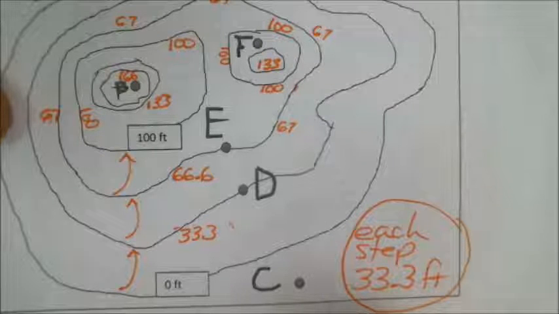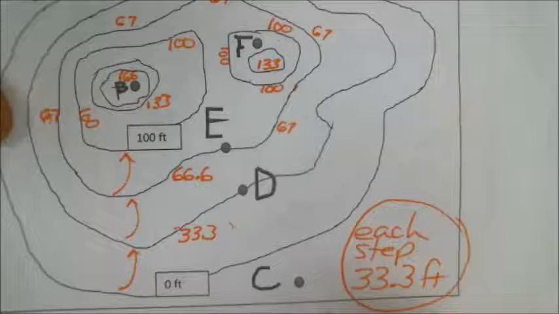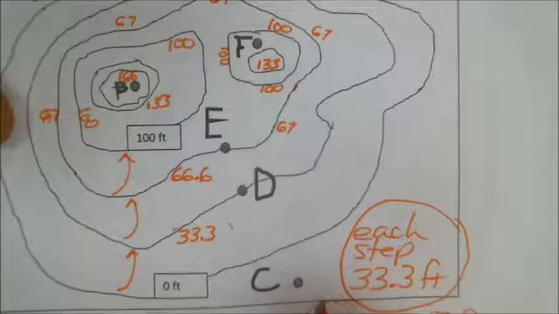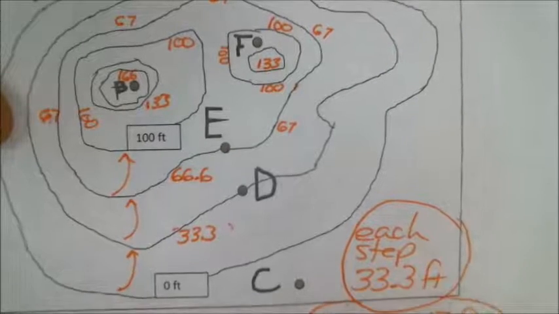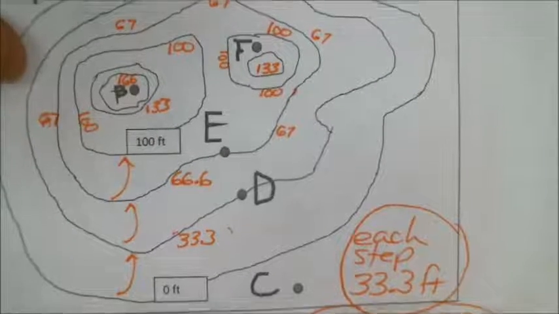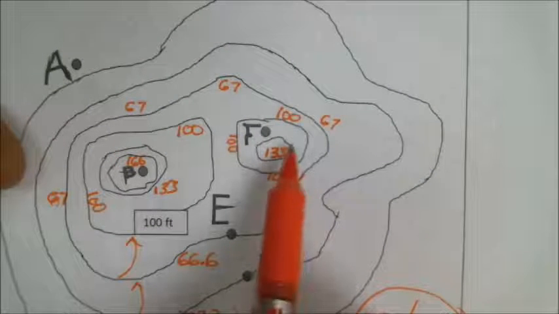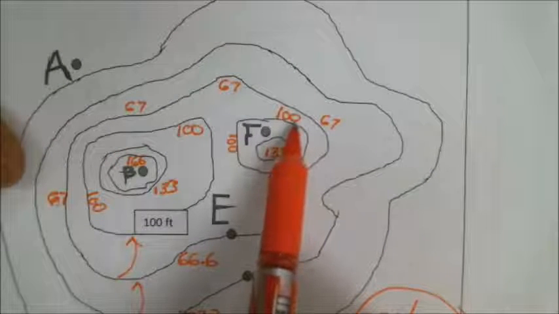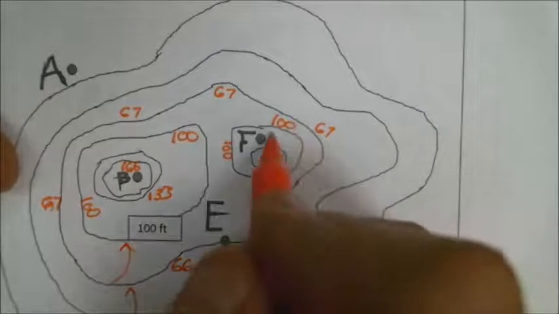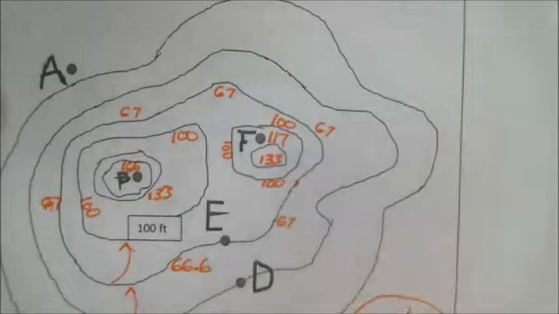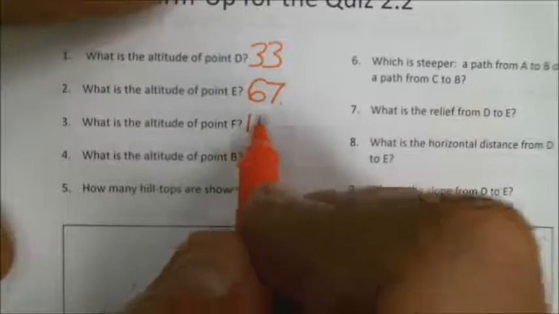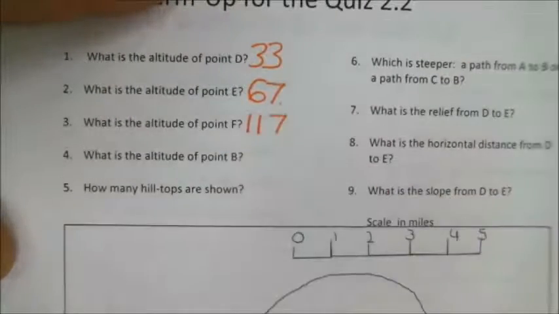Let's round it. So a half a step is going to be about 17 feet. We're only estimating, so it doesn't matter that we are rounding a little bit here away from that nasty decimal. So I take the lowest contour line, 100, and I add my half a step to get to F, and so that's going to be a height of 117 for point F. And I'll write it up here, line number 3, 117 feet.